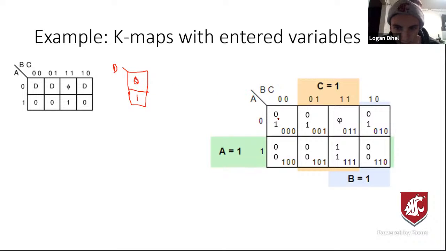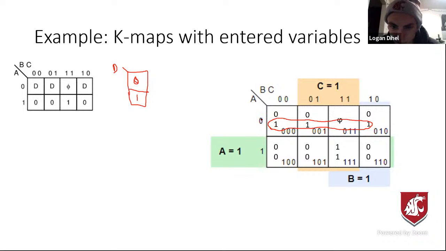Whenever there was a D, I put a 0, 1. The zeros are just 0, 0, and the ones are 1, 1. And then I just make my loops. So this would be my first loop, like that.